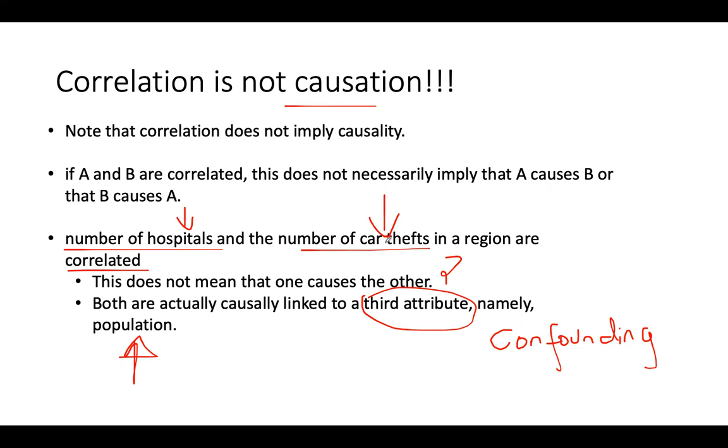But just given hospitals and the number of thefts might not tell us really what's happening. There's correlation, but it's not causation, meaning one does not influence the other, but there has to be a third variable. Sometimes in research, we call that a confounding variable that actually causes or links these two. Okay. So keep that in mind.